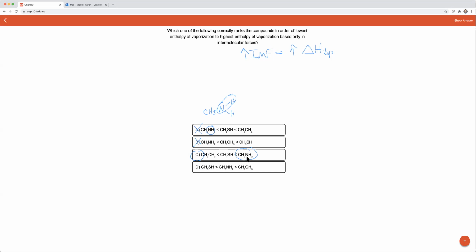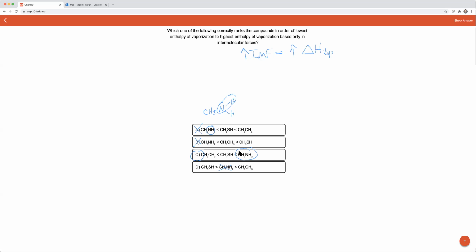If you take organic chemistry, you'll learn how to name all these organic molecules, so you have that to look forward to. But methylamine, as we just said, is going to have a large amount of intermolecular forces because of the hydrogen bonding, and therefore we expect it would have the highest delta H of vaporization. So I think this is the correct one, because this other one has it in the middle, and it shouldn't be in the middle.